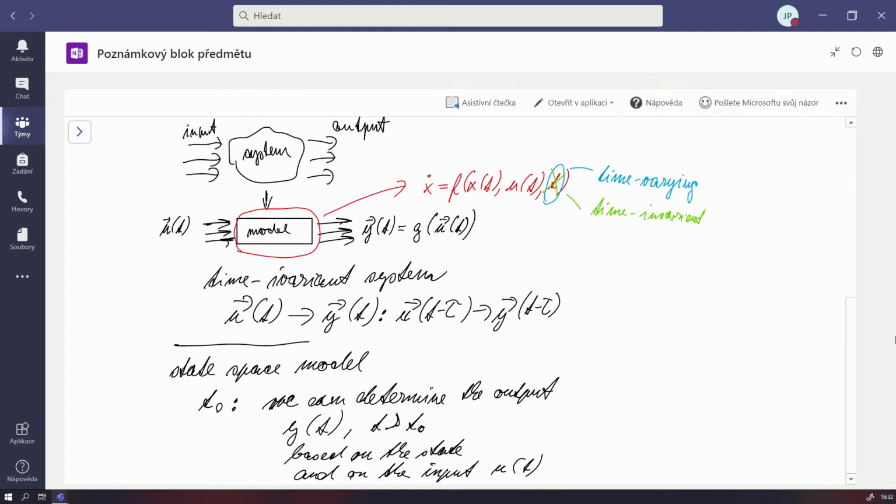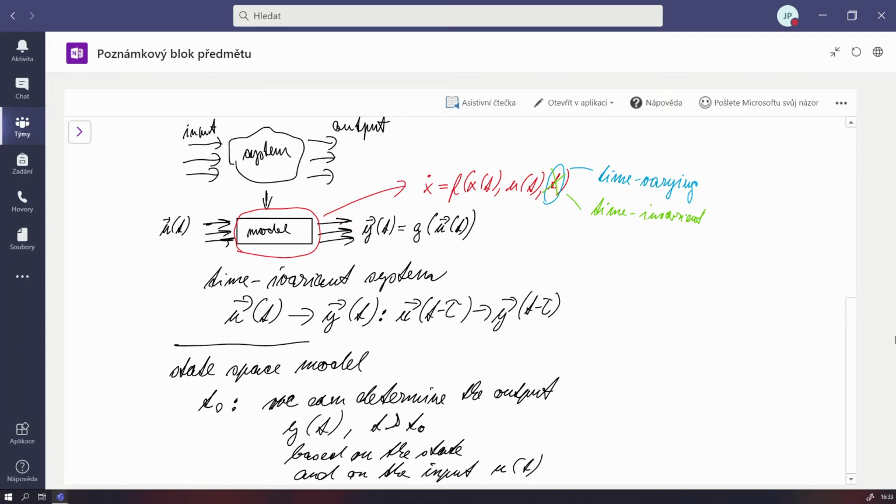Of course, in most cases, which is the discipline of system theory, we need to control the system in a defined way, typically using a closed loop.